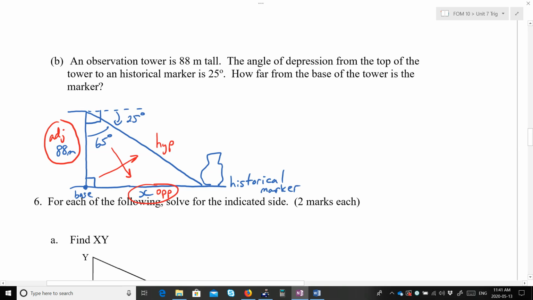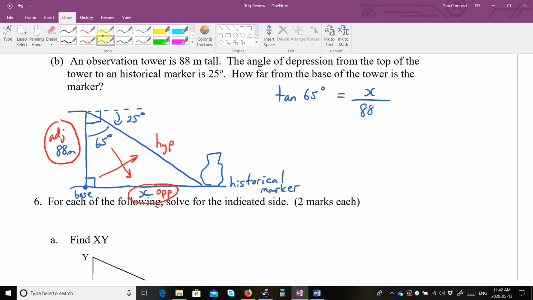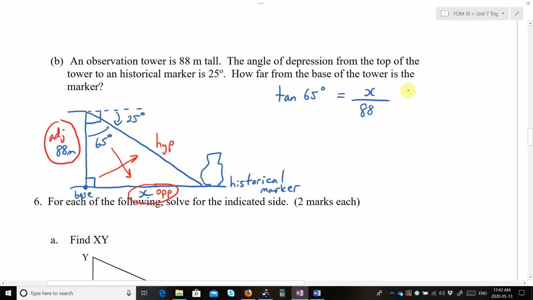We're looking for the opposite, and we have the adjacent, so I think that's going to be tan again. We would do tan of 65 degrees equals opposite, x, over adjacent, 88. Since x is being divided by 88, I would multiply both sides by 88 to get x by itself.